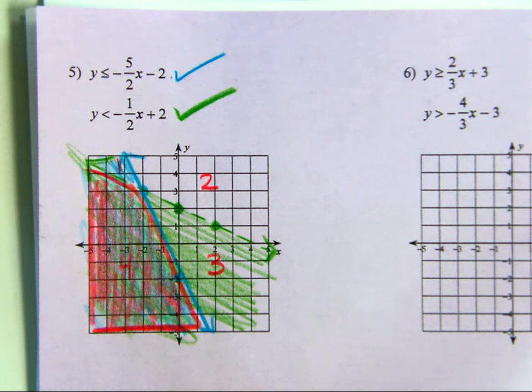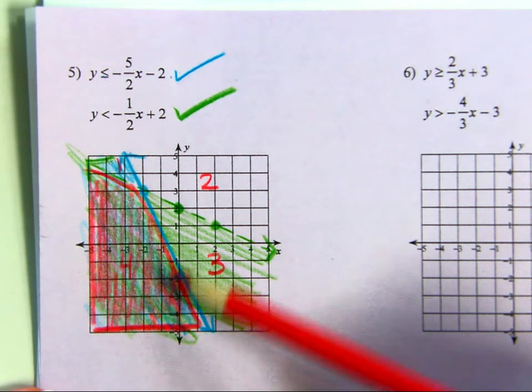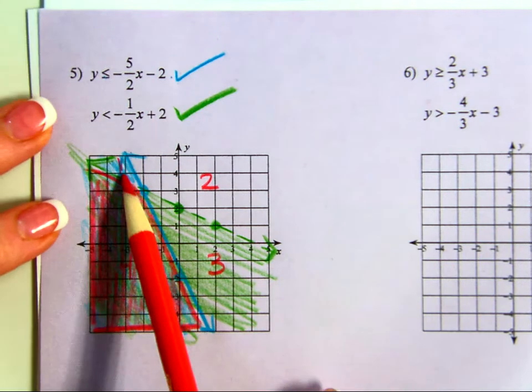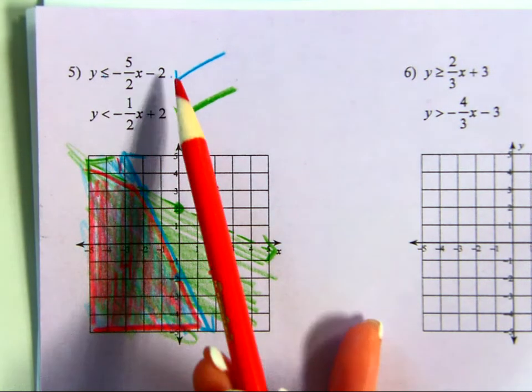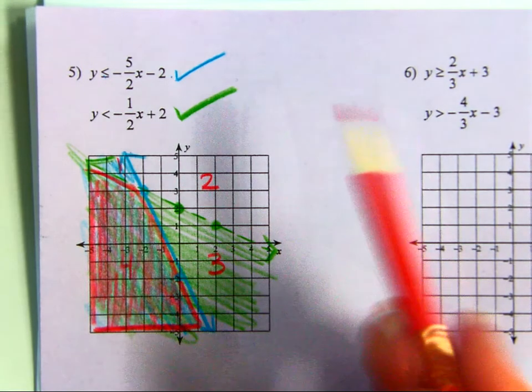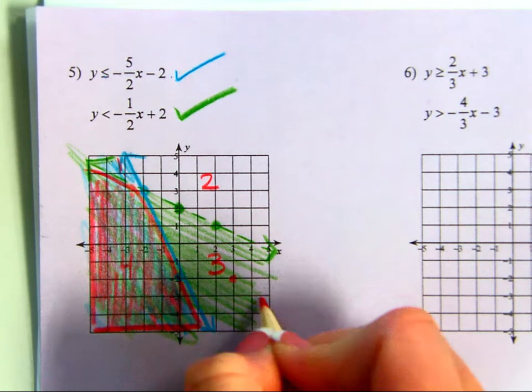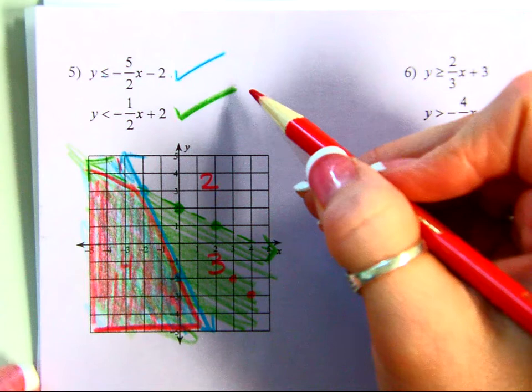Looks kind of messy, but I want to talk a little bit more about what we were trying to talk about earlier. Okay? Does everybody have that section overlap? So if it's an all blue section, any points in here will just make that one true. If it's an all green section, any point that I pick in here will make the green one satisfy that inequality.